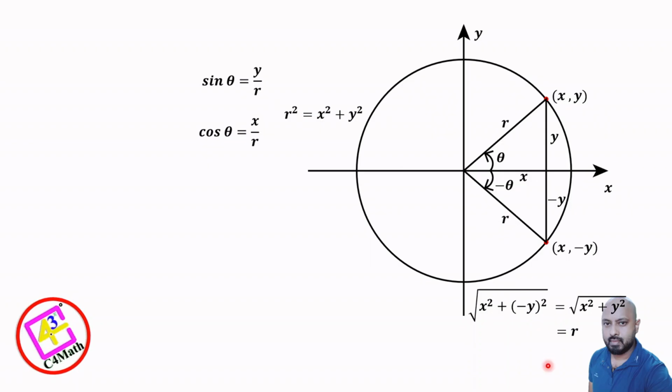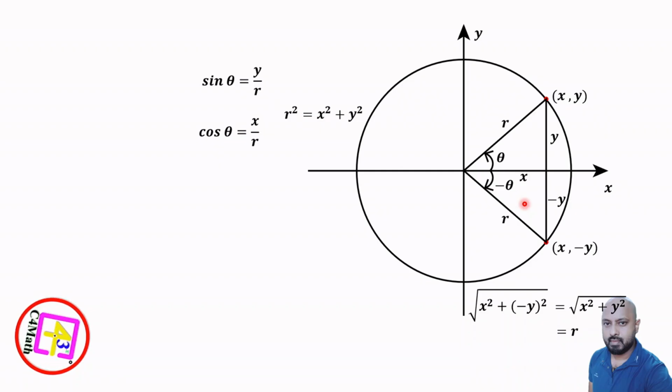Now in this triangle, one side is x, the other side is negative y, and the hypotenuse is r. In this right angle triangle we can find the value of sine negative theta and cos negative theta.